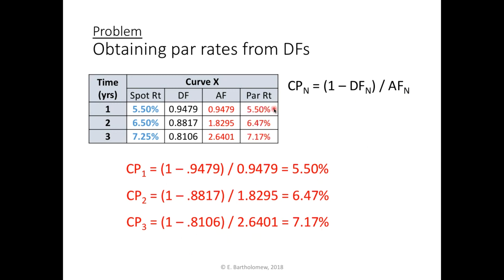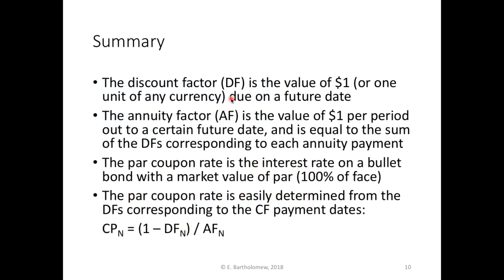So we're able to derive from these discount factors what the par rate would be for each of these maturities. And really what this means is these are the rates that if we discounted at these discount factors and annuity factors would give us back a value of par, or 100.